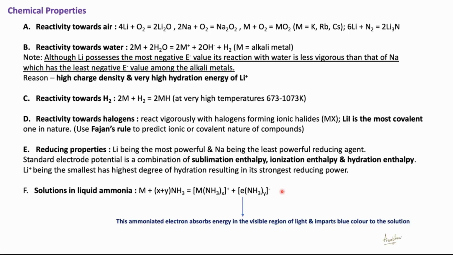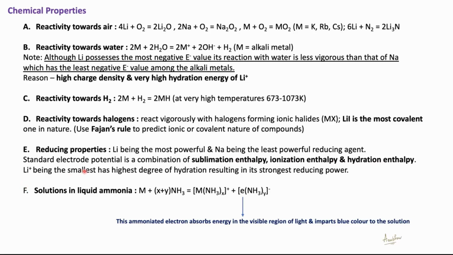The hydration enthalpy is so large that it outweighs the high ionization enthalpy and also the high sublimation enthalpy in the case of lithium plus, because it is so small in nature.